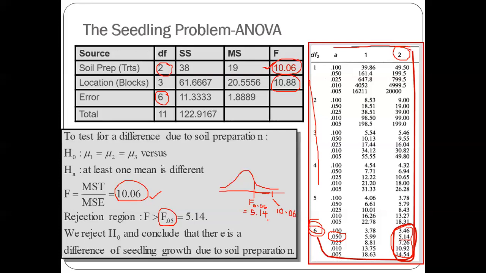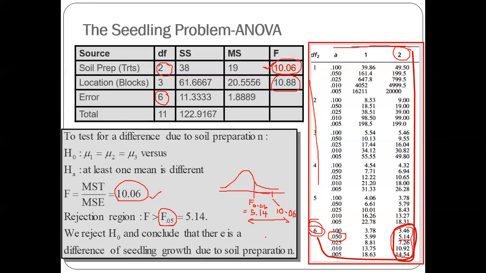So it shows that it falls in the rejection region. So what we are going to conclude, we can conclude that we reject the null hypothesis, H0, and conclude that there is a difference of seedling growth due to soil preparation.